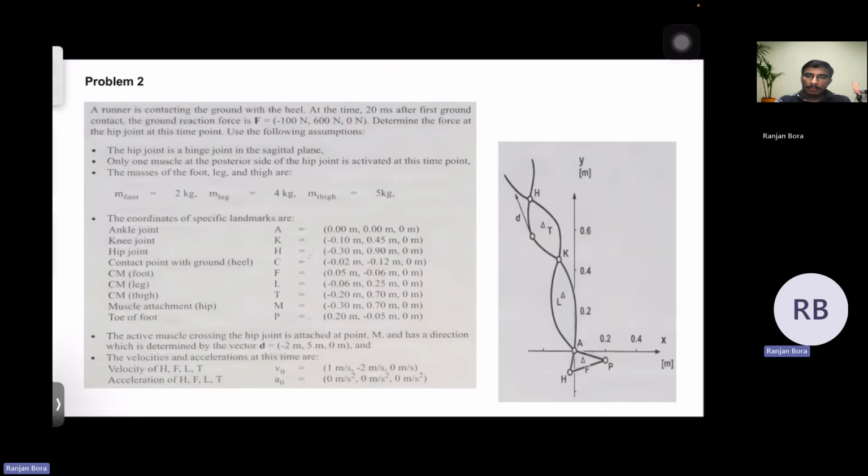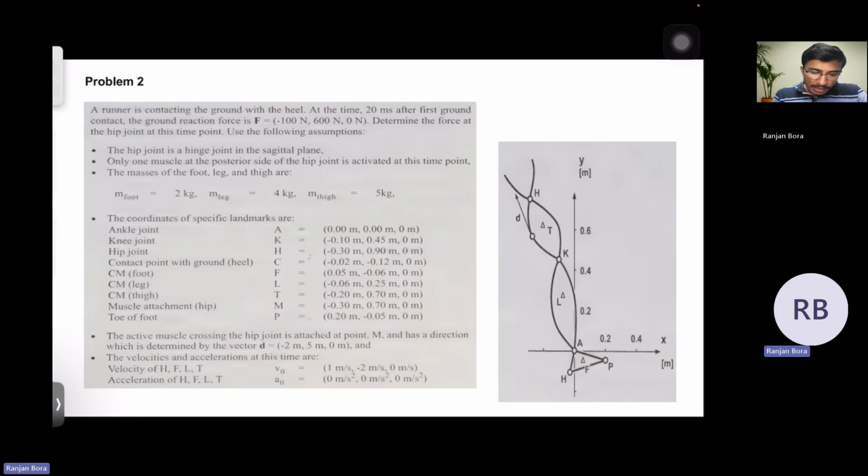Okay, this is problem number 2. What is this problem saying?